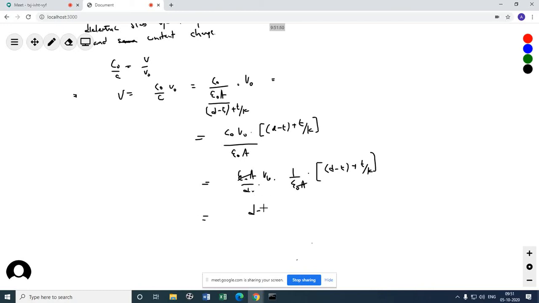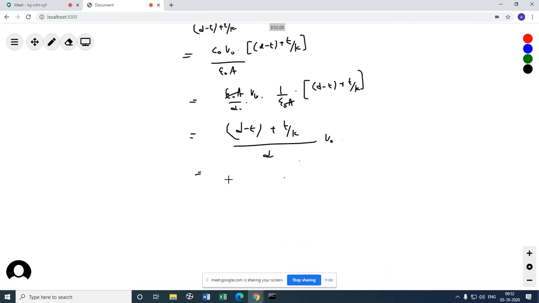I am left with D minus T plus T by K, and then divided by D into V naught.